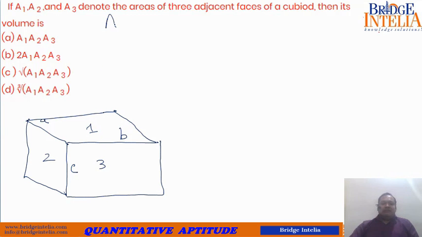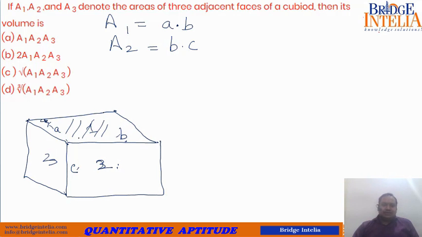So A1 is equal to A into B, because this length is A and this length is B. So the area of surface 1 is A into B. Similarly, the area of surface 2, that means this surface, will be B into C. Similarly, the area of the third surface will be A into C. So this is what is given. Then you have to find its volume.